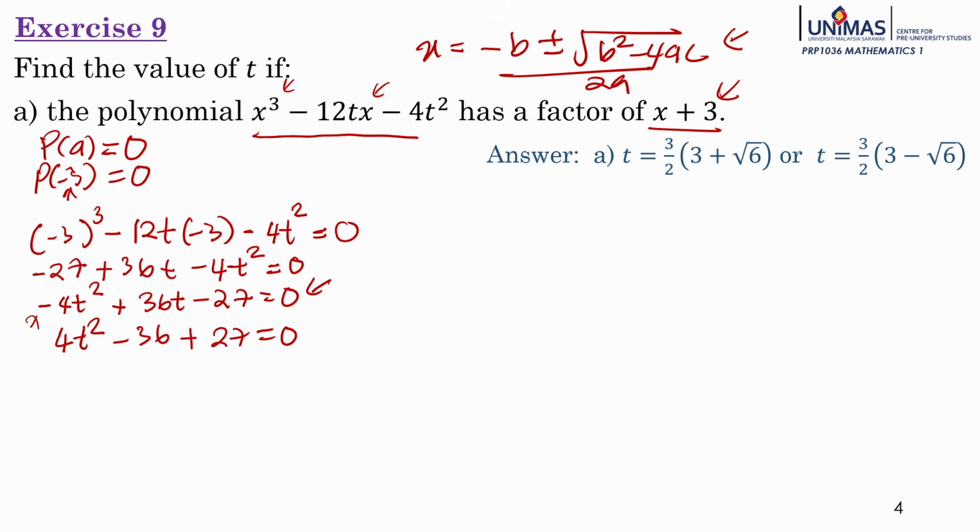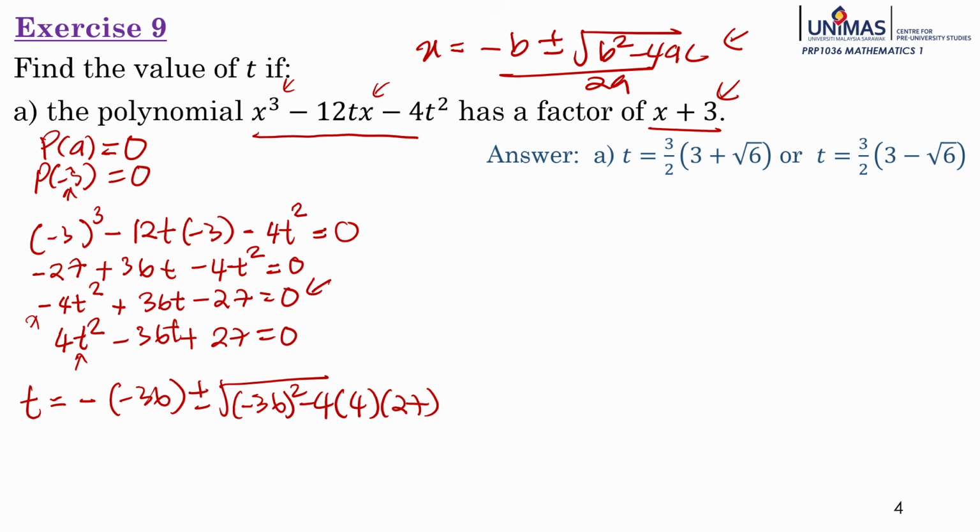Oh, I forgot to put t here, so we have to put it as t. t equals negative b, where b is negative 36, plus minus square root of negative 36 squared minus 4, a is 4, c is 27, over 8. 8 is coming from 2a, which is 2 times 4.